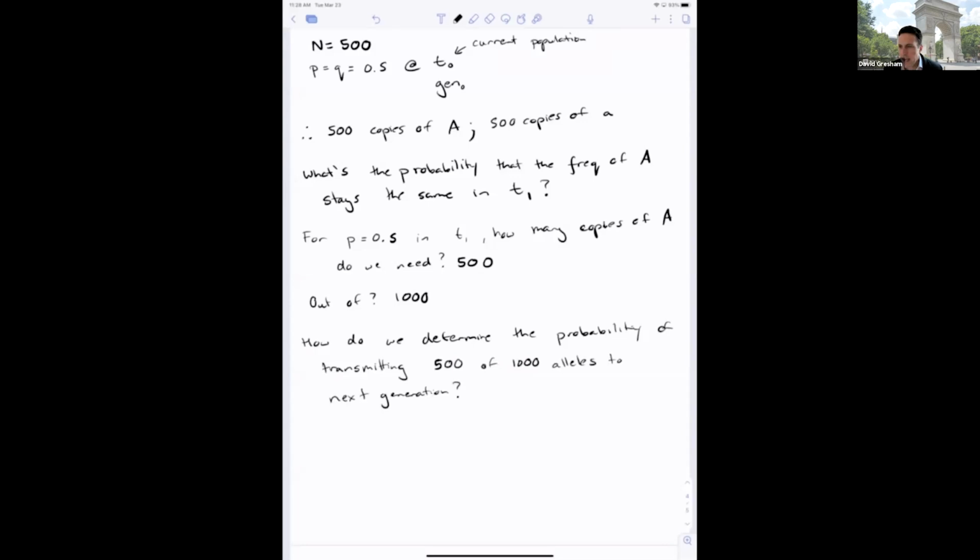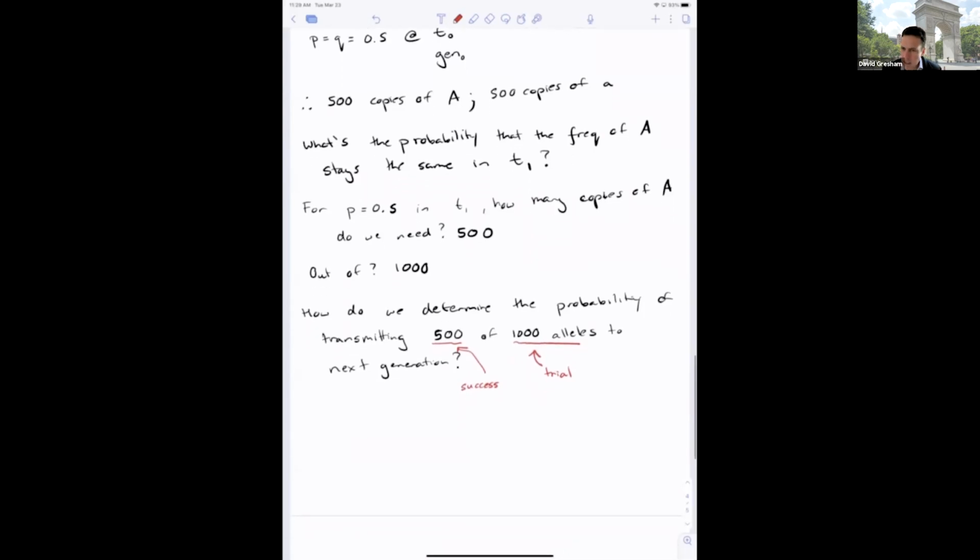So we have 1,000 total alleles that are going to be transmitted, and we want to ask, what is the probability that 500 of them are the big A allele? We could think about each of these transmission events as a trial, and with each transmission event, the transmission of a big A allele would be a success.